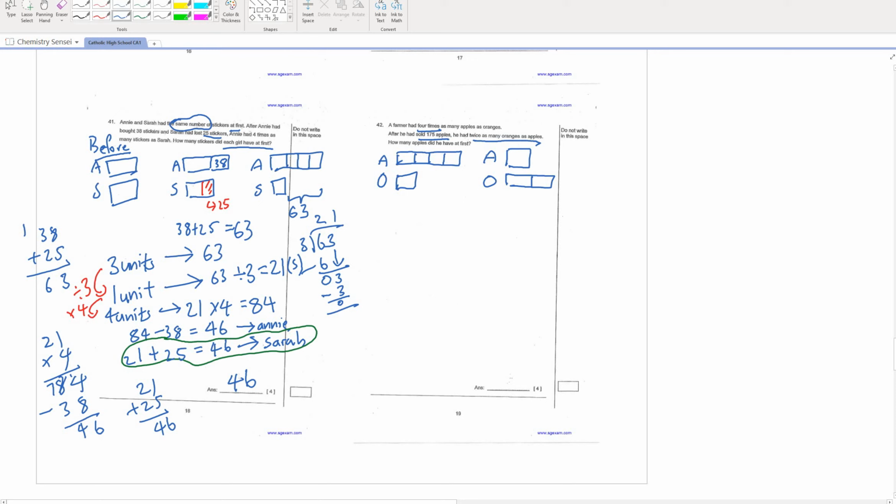Actually, we can combine the information from this part here and this part here. The number of oranges did not change. So in order to make this unit here to 2 units, we simply divide this by 2. So we have 1 unit, 2 units.